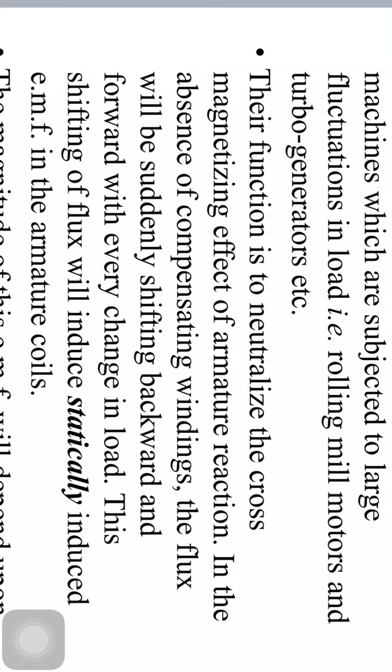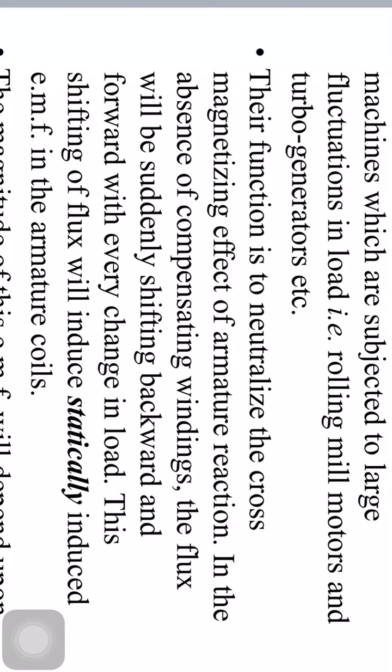In the absence of compensating windings, the flux will be suddenly shifting backward and forward with every change in load. This shifting of flux will induce statically induced EMF in the armature coils.